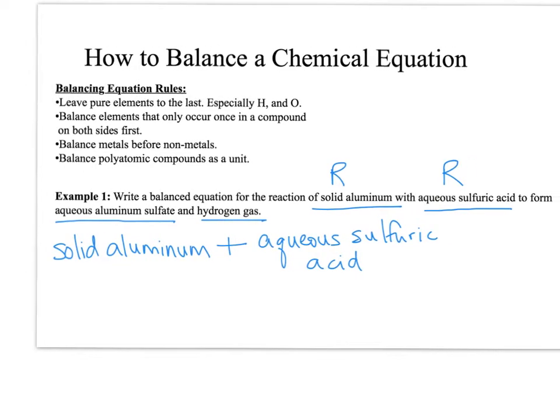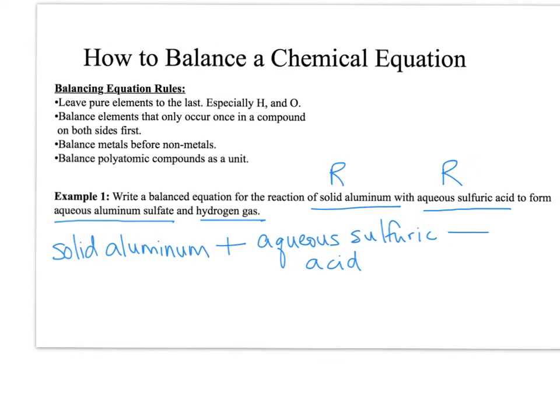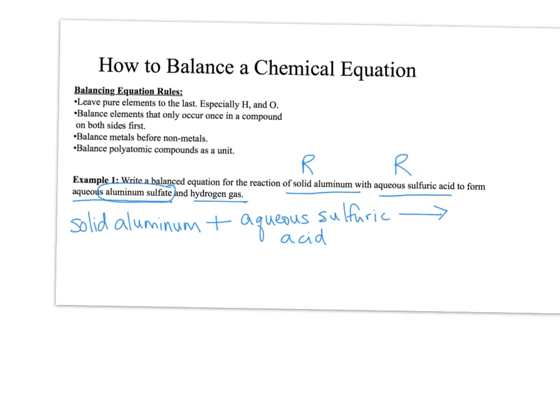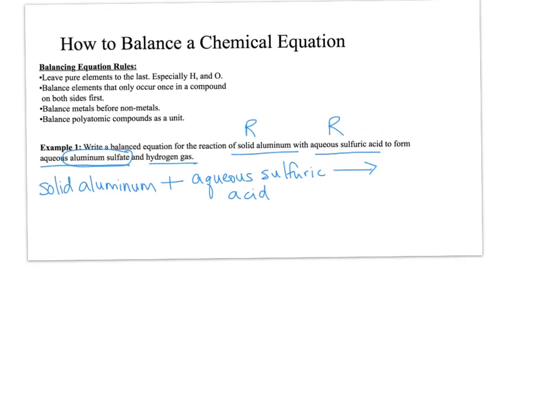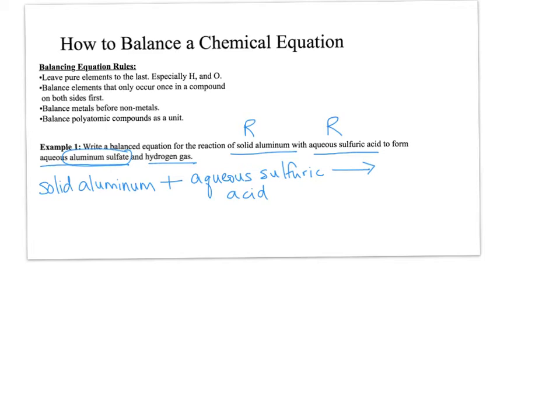And these are going to transform into the following products: aluminum sulfate, plus the other product, which is hydrogen gas.